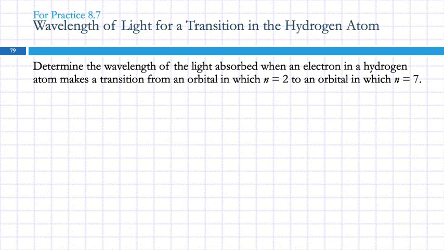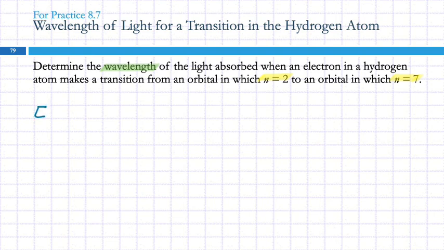Okay, determine the wavelength of the light absorbed when an electron in a hydrogen atom makes a transition from an orbital in which n equals 2 to an orbital in which n equals 7. So we've got n equals 2, we've got n equals 7, and they're asking us to find the wavelength.